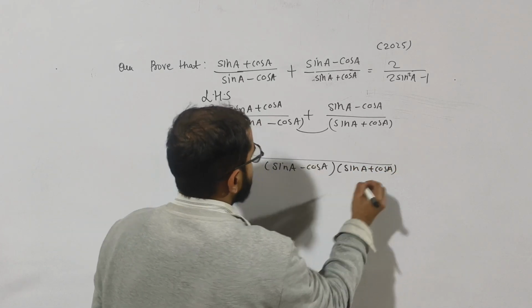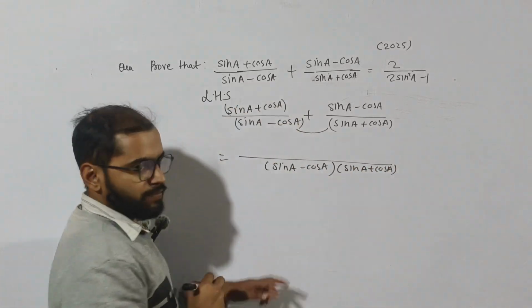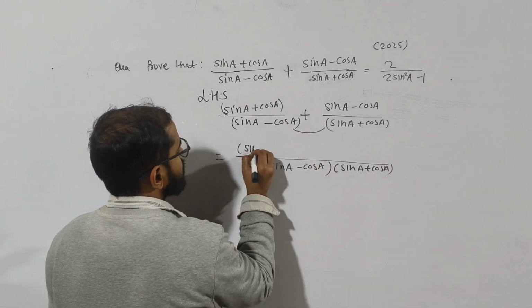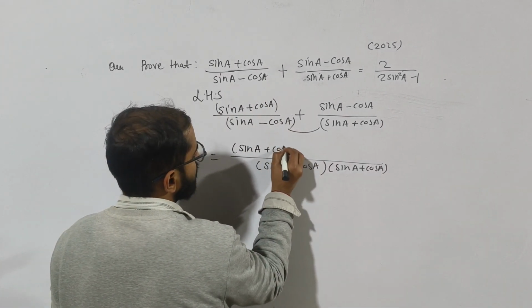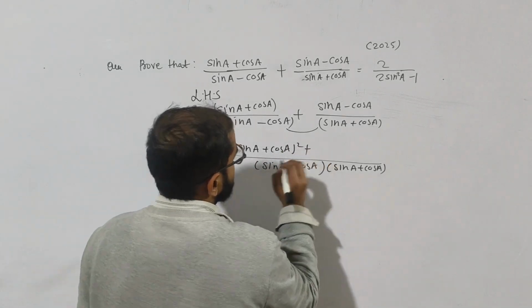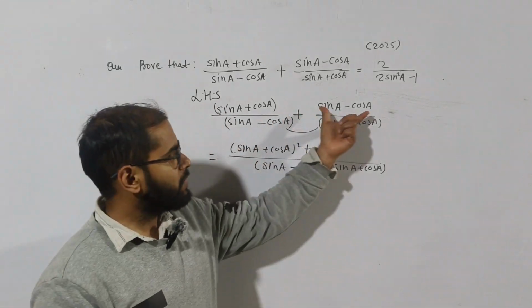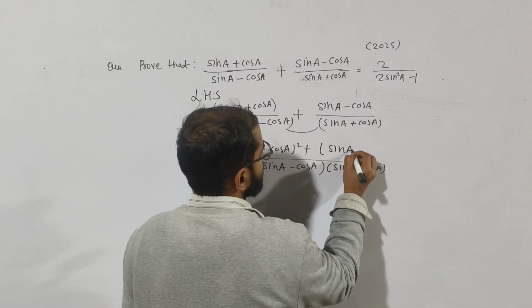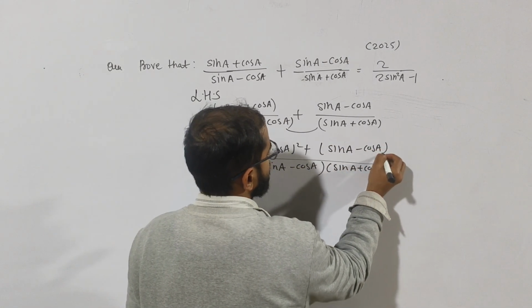Okay, now if you multiply this expression from this expression, what you will get? (sin A + cos A) का whole square, plus if you multiply this expression from this expression, you will get (sin A − cos A) का whole square.